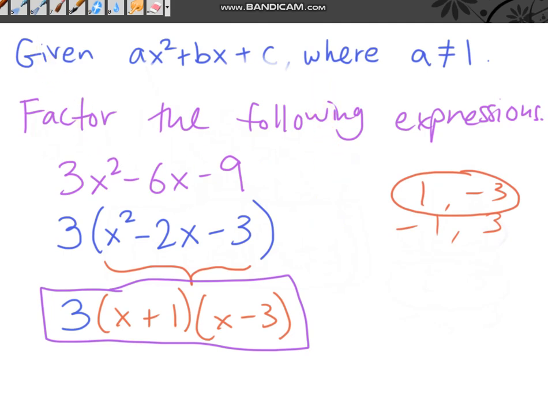Okay, so I'm going to clear the screen again. Let's take something not too much harder: negative x squared minus 13x minus 36. You might look at this and think, I'm not sure what to do because there's a negative in front.